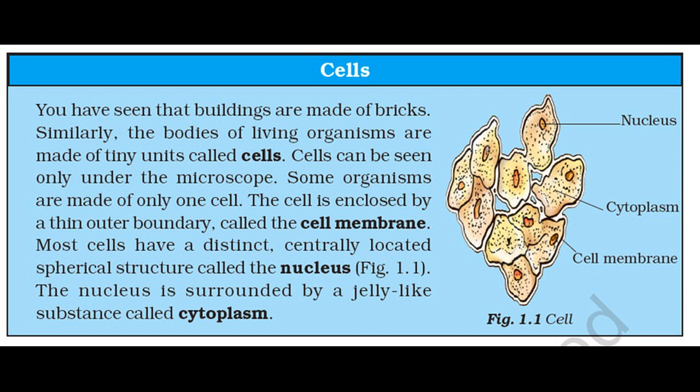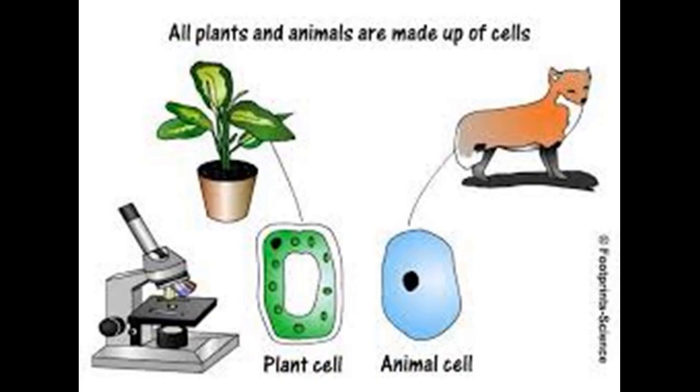In the cell there is a huge centrally located structure called the nucleus, which is enclosed by the cell membrane, and the rest of the cell is filled with a jelly-like substance called cytoplasm. All plants and animals are made up of cells, and if we look at this picture, cells of plants and animals are quite different.